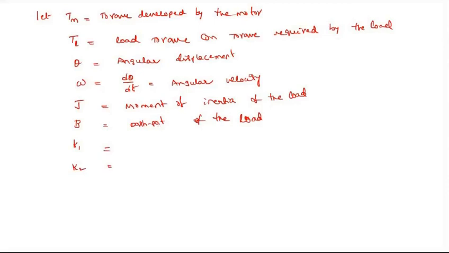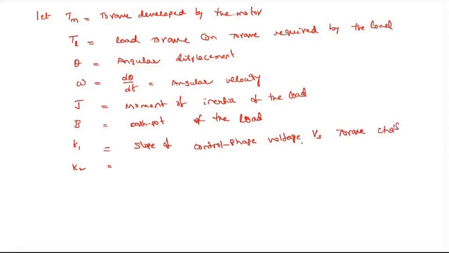K1 is nothing but the slope of the control phase voltage versus torque characteristics.